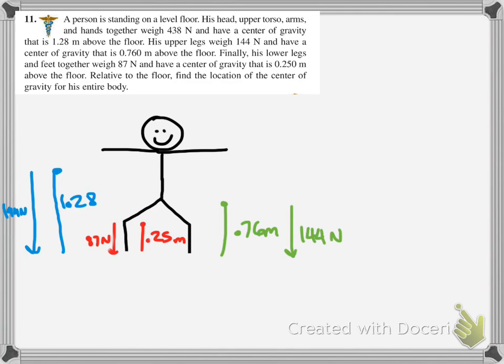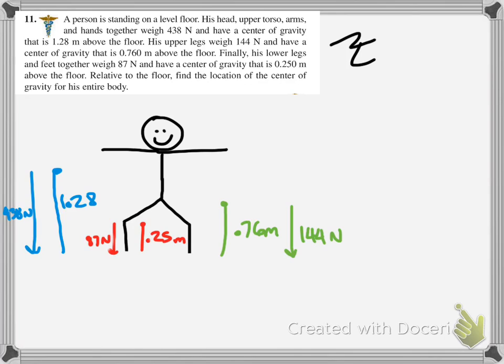And finally, it's 438 newtons of his upper torso and his arms and head, and then it's the 144 newtons in green of his legs. So this is what it looks like.